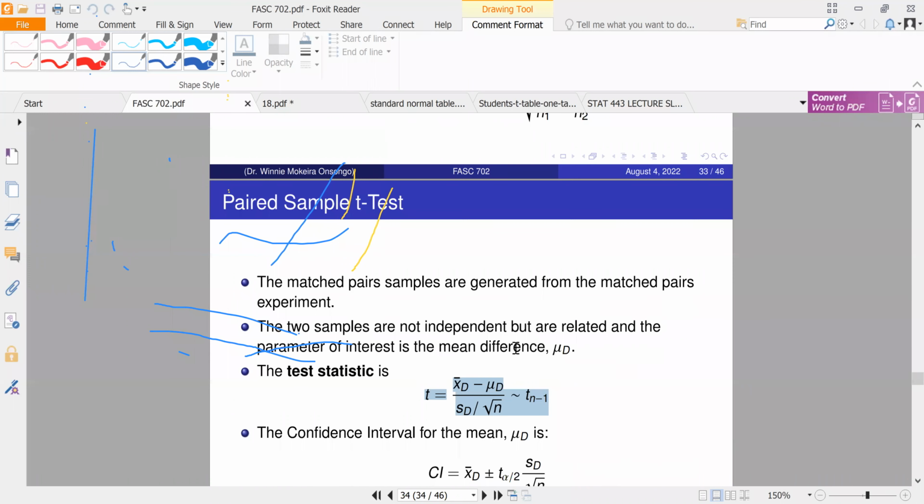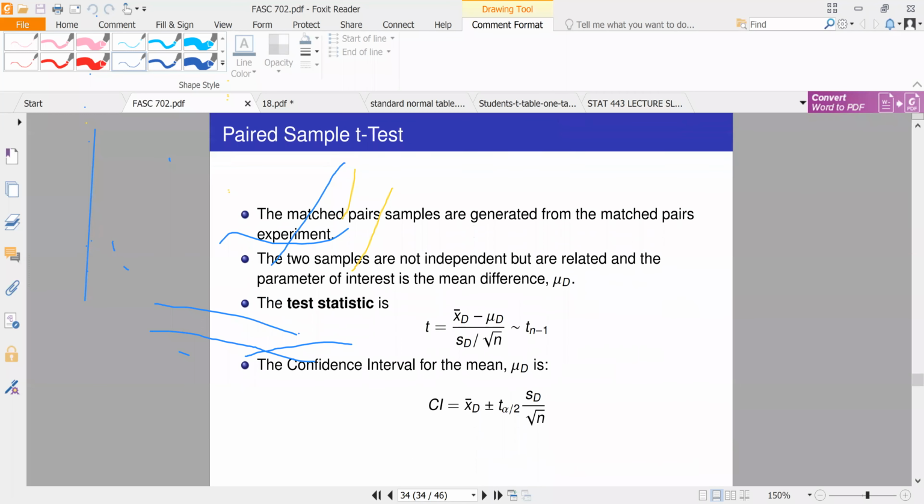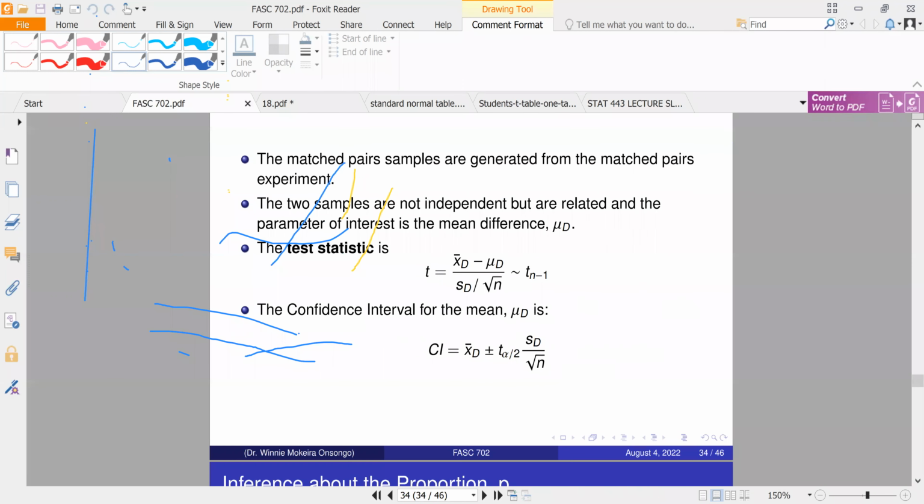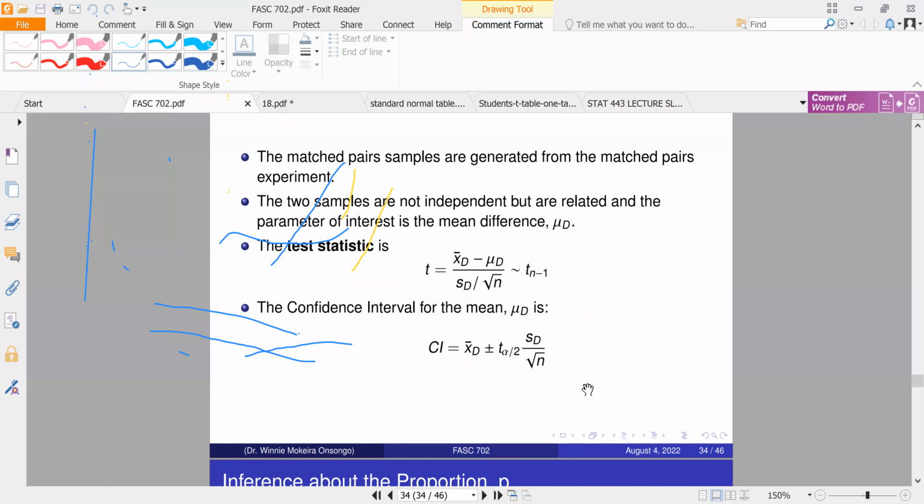In this particular case, X bar D is the mean difference of the paired samples, and mu D is the mean difference for the population that you used. The corresponding standard deviation is also calculated, and the confidence intervals are given as such.